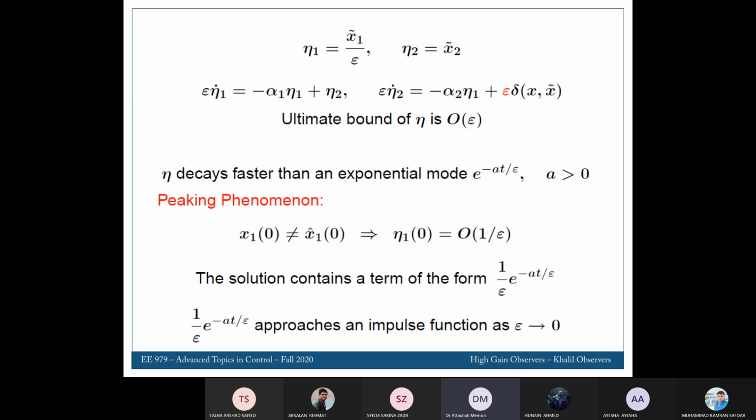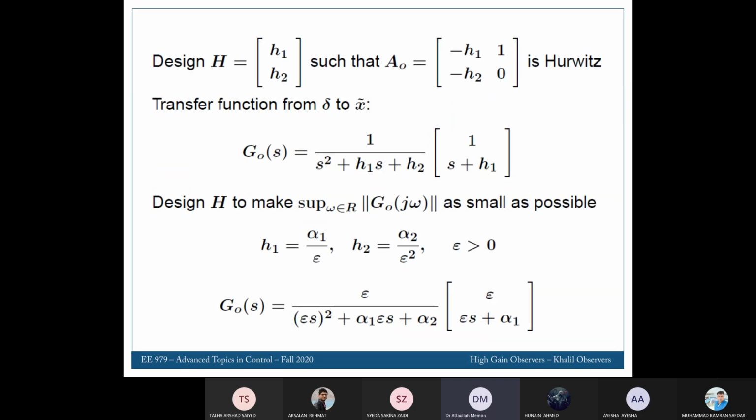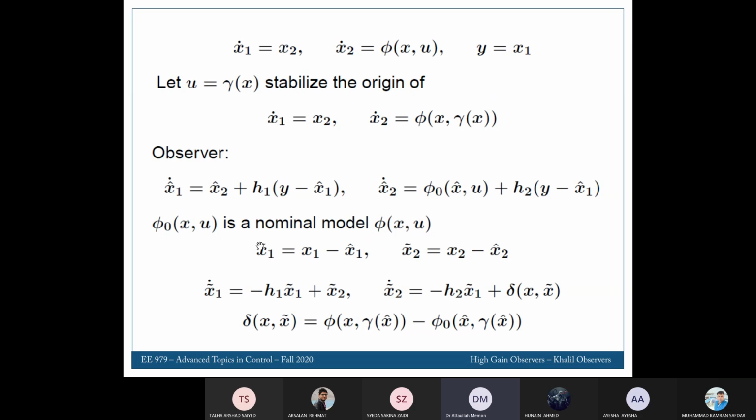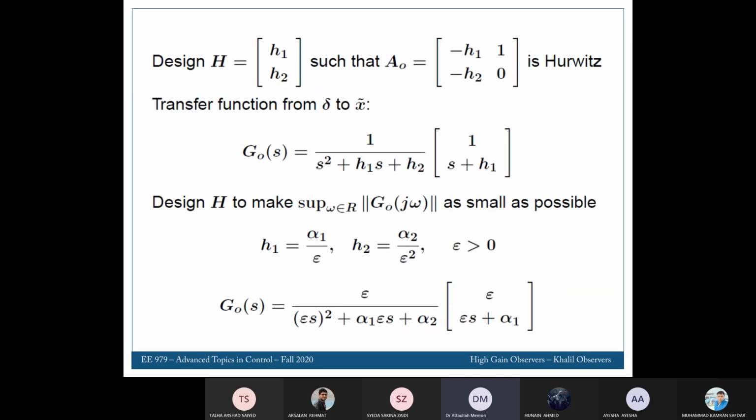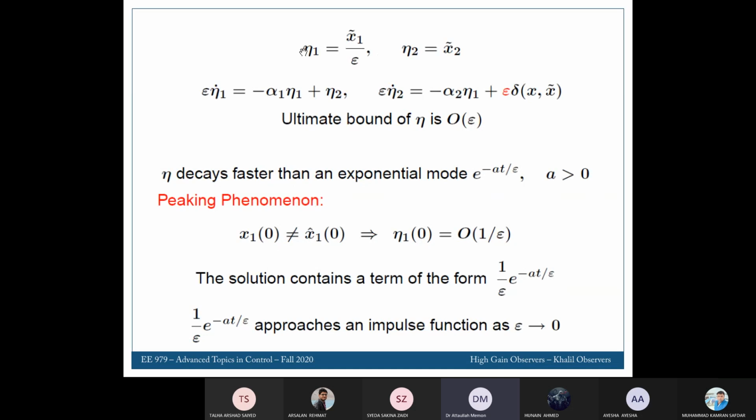Now, in order to evaluate that mathematically, we define new variables, called scaled estimation errors. These are the same estimation errors as before, but scaled, that is, divided by the parameter epsilon, which is the design parameter.